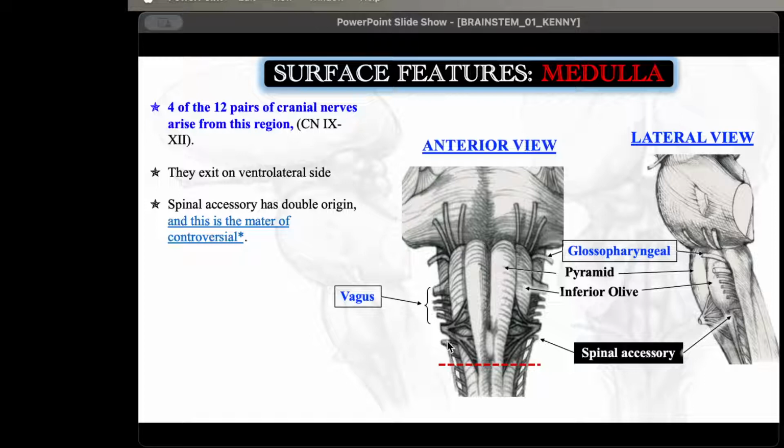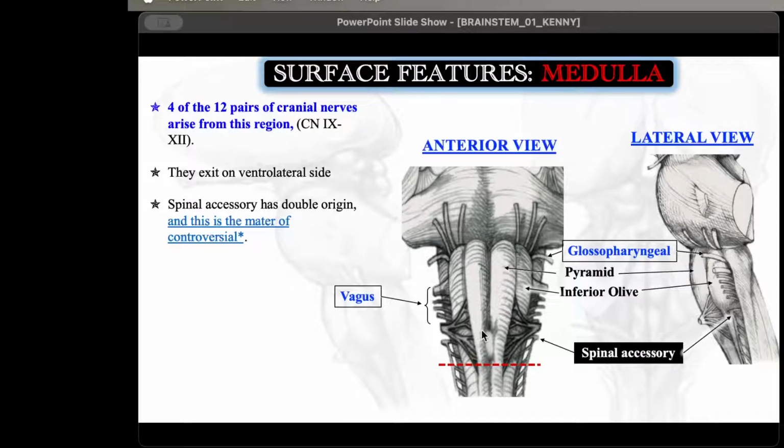As you can see, this is the spinal accessory nerve, and here is the level of the foramen magnum, which means here is the spinal cord, and here is the medulla. So it has the cranial contribution and the spinal contribution.